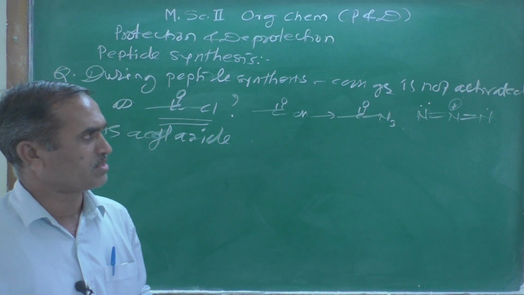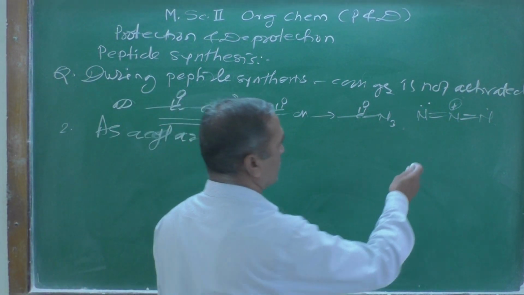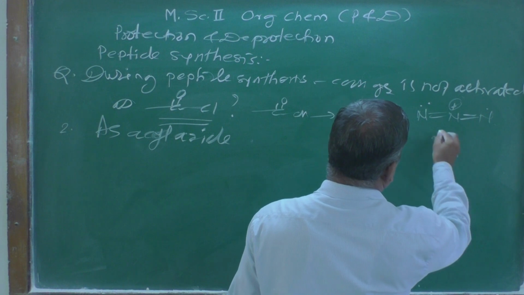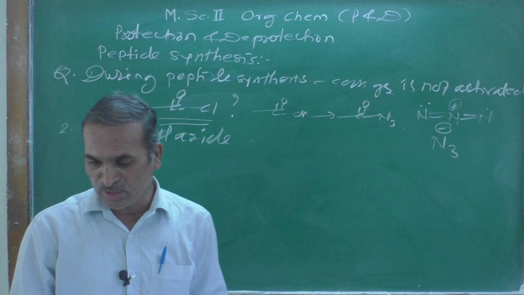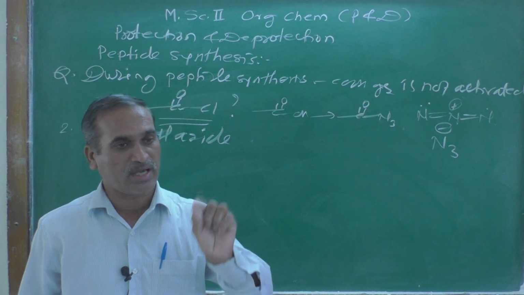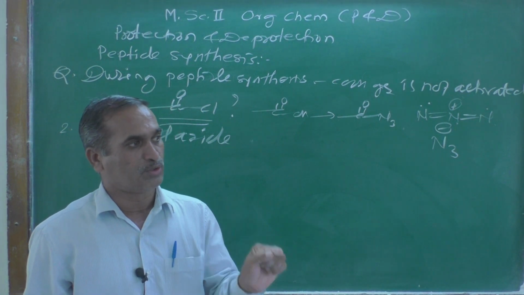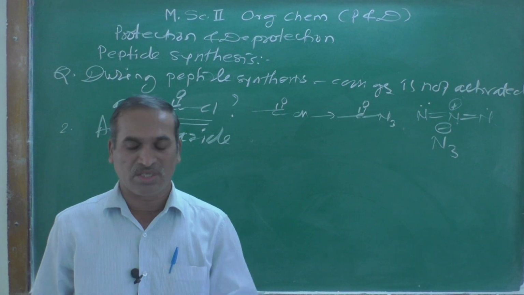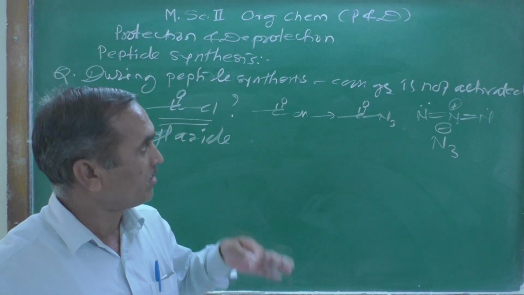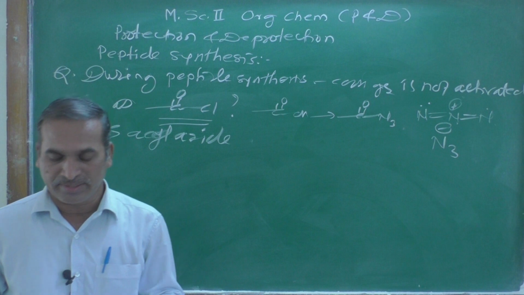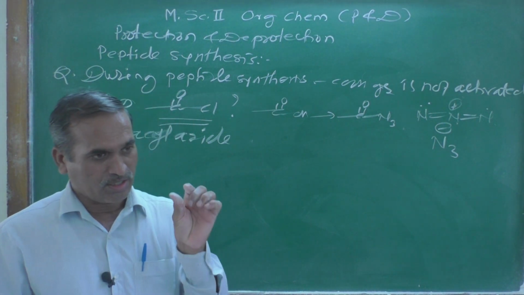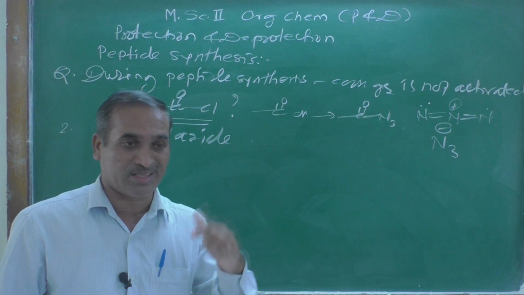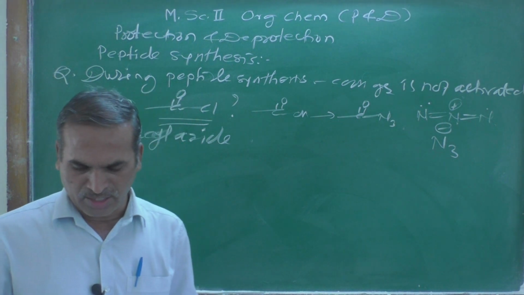That's why it is called azide, and it is a good nucleophile and a good leaving group, and that leaving group should be stable. Once it has departed, it cannot get recombined with the carbon atom. Those are some important features or characteristics of that leaving group.